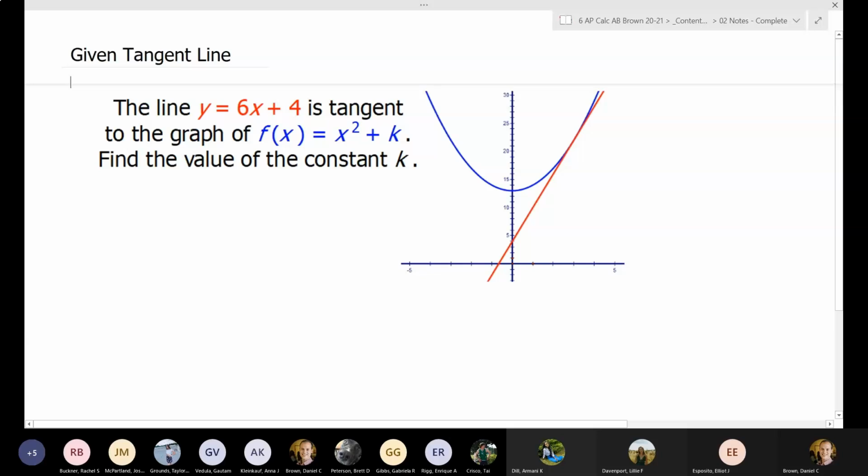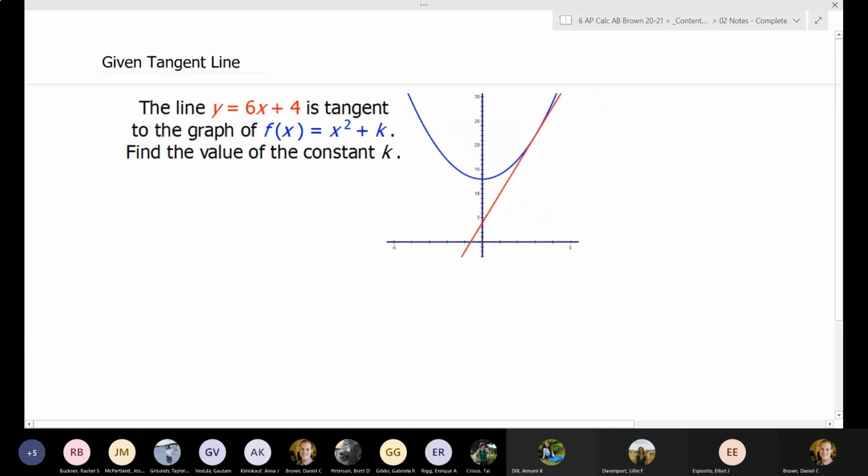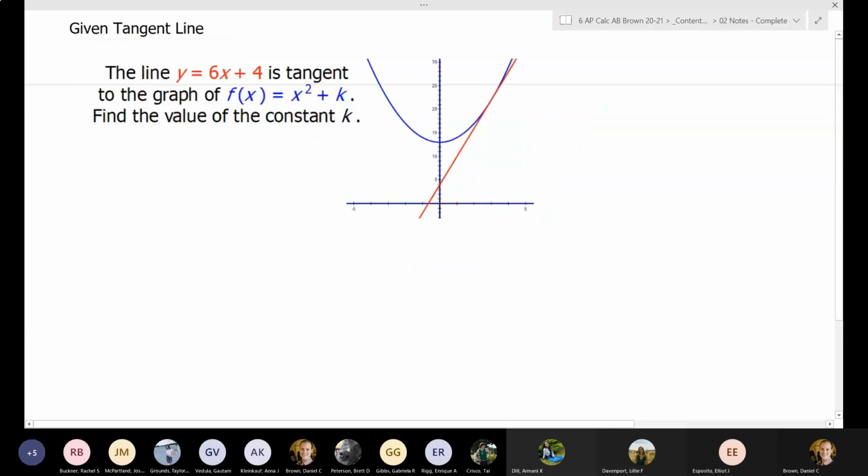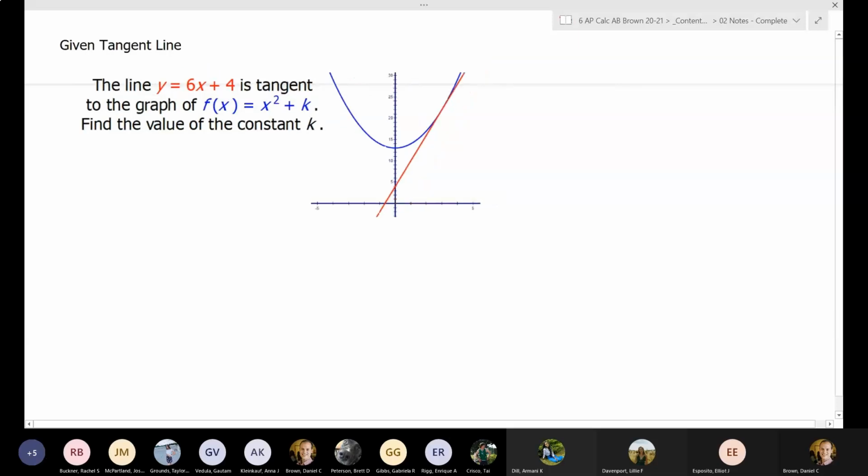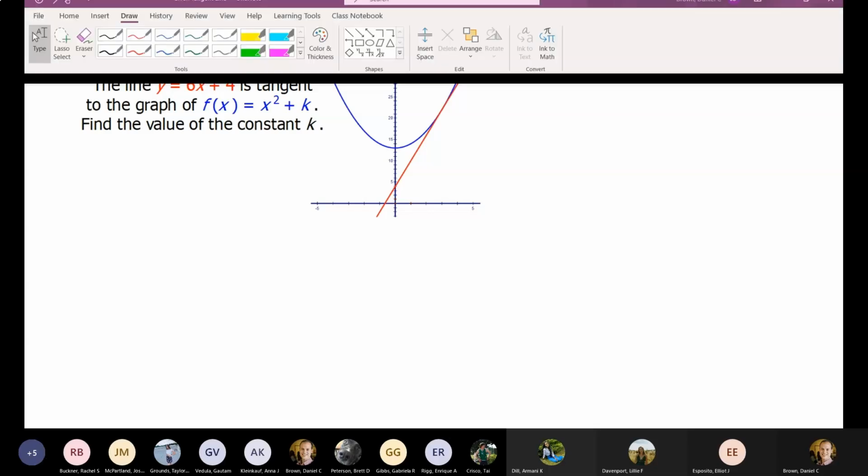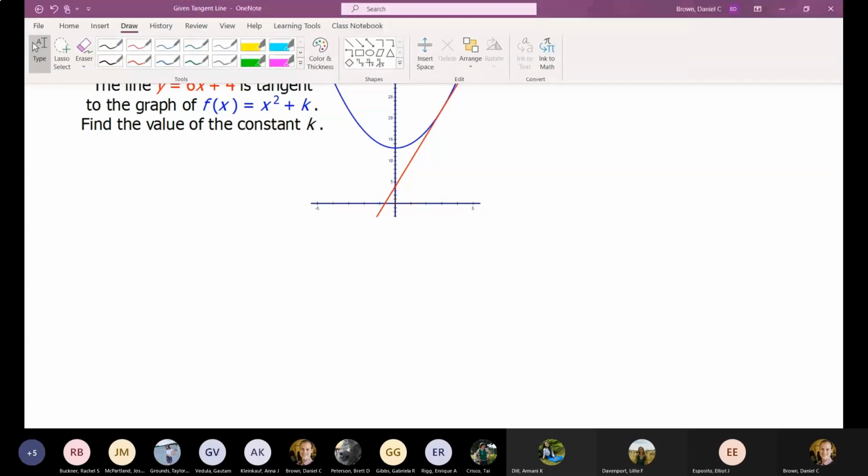Whenever you're doing a problem like this, it is going to end up being two equations you have to write. Some people prefer to just have the steps. Some people are more conceptual, so I'll do it both ways. If you're the type of person that likes just having steps, you are going to create two equations.